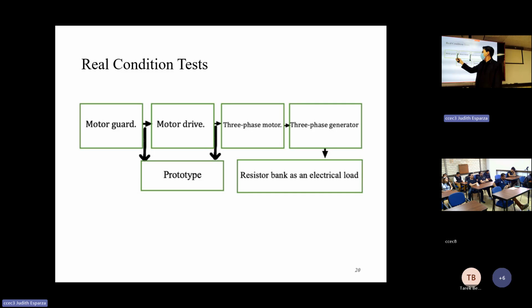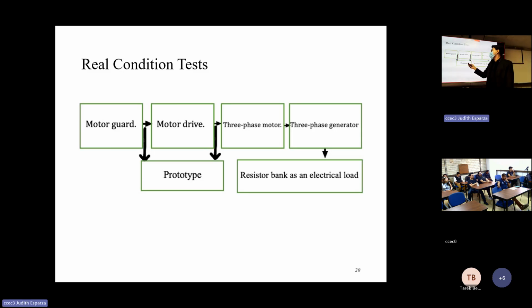The input generates classic harmonics, while the motor drive output generates superharmonics, especially in voltage. The motor drive is connected to a motor, the motor is connected to a generator, and the generator is connected to a resistor bank.